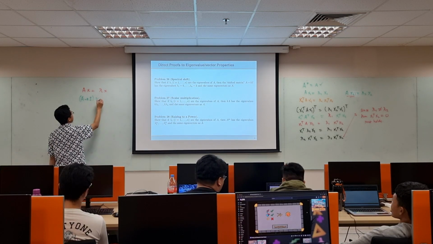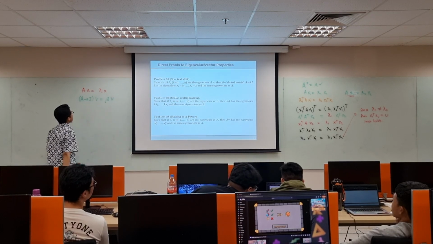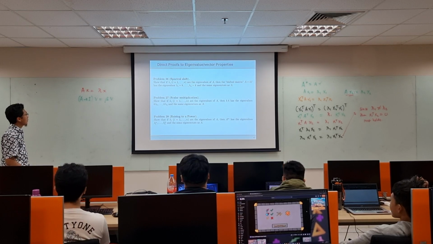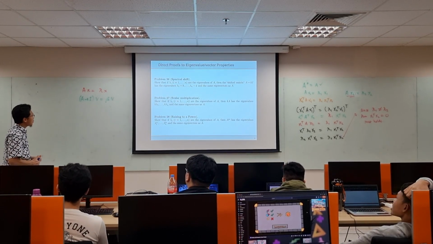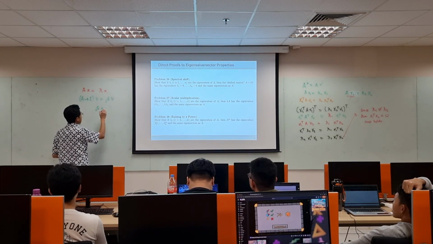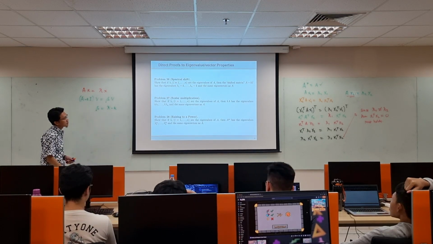Let's say this is V, beta times V. We have to show that beta is just lambda minus K.